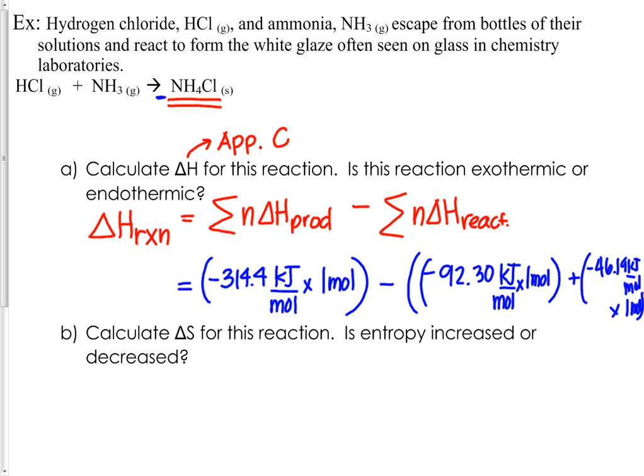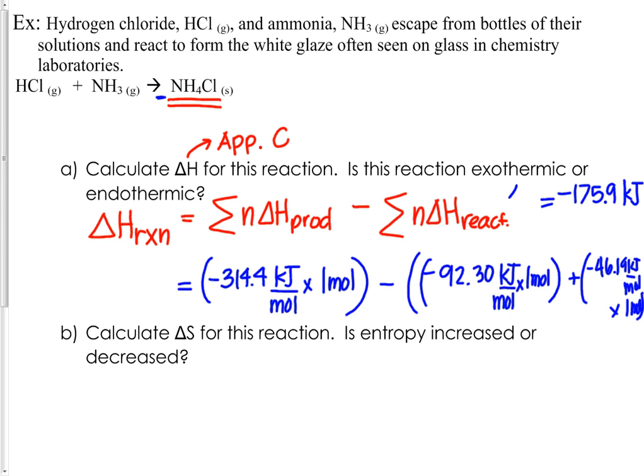Now, make sure you do your math carefully. Remember, you're subtracting what is going to be a negative number. So your overall answer, when you do this, should be a negative 175.9 kilojoules. And the question says, is this reaction exothermic or endothermic?